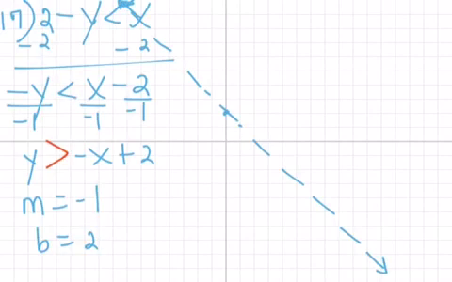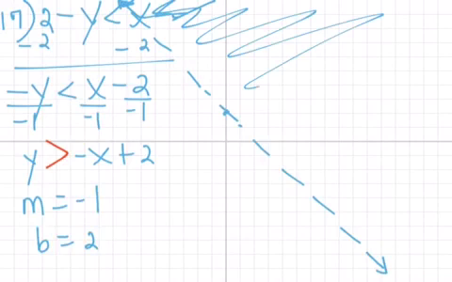Okay. The less than also indicates that we have to shade. Less than usually means lower, not always. So greater than would mean upper. So based on that, the part we should shade would be this part.